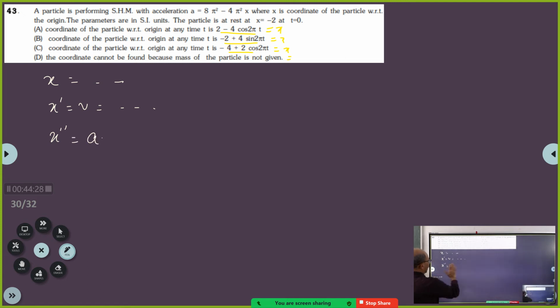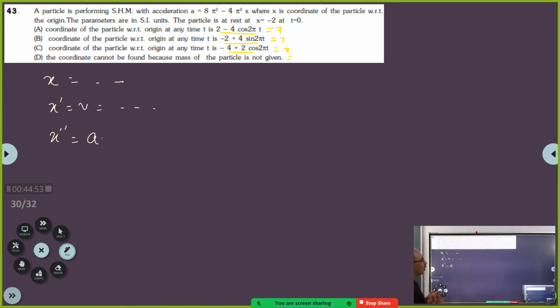But here you see all these three things, right? You are going to get acceleration. So now this acceleration here, if you put the value x is equal to 0, acceleration must be 8 pi square. Hello?